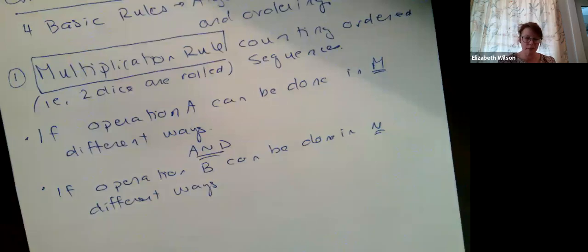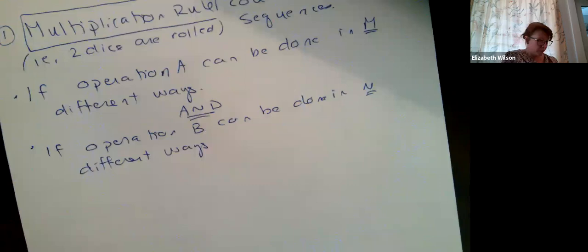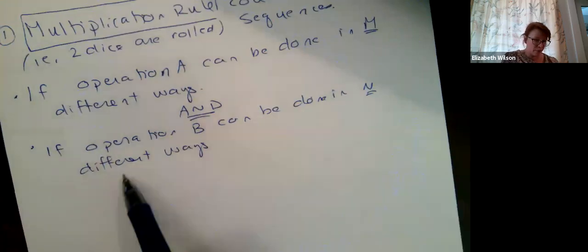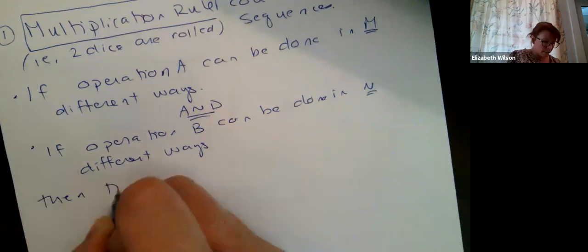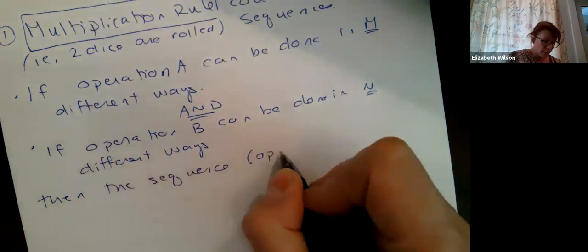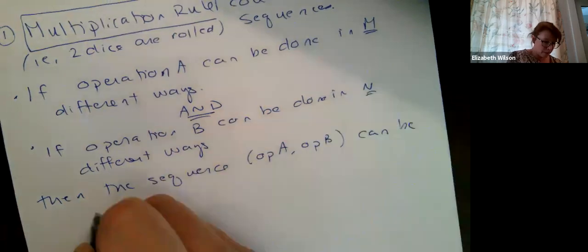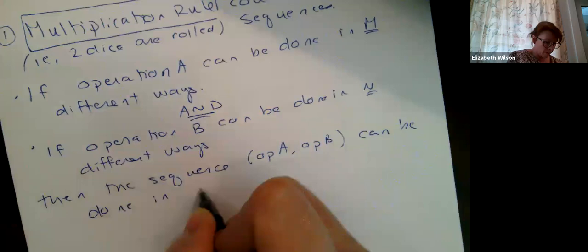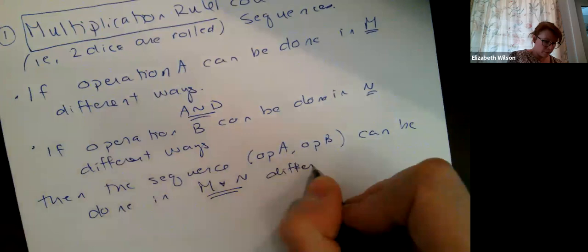It happens in this particular case, when I have two 6-sided dice, that M and N are equal to each other. They may be equal, they may not be equal. It's going to depend on the nature of the question. Okay, if operation A can be done in M different ways and operation B can be done in N different ways, then the sequence, we're going to write it like this: operation A, operation B can be done in M times N different ways.